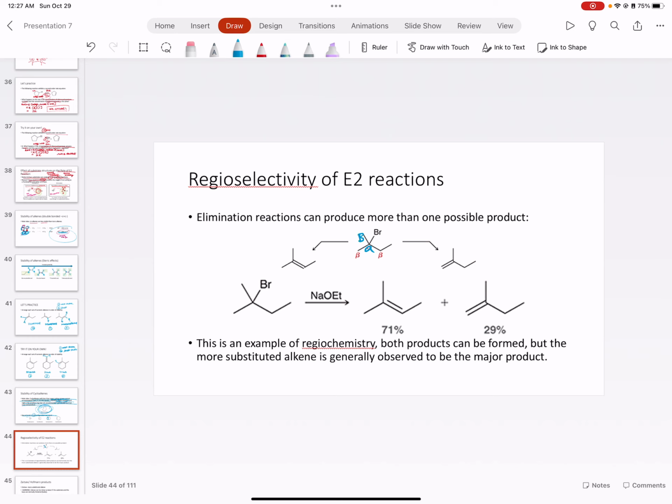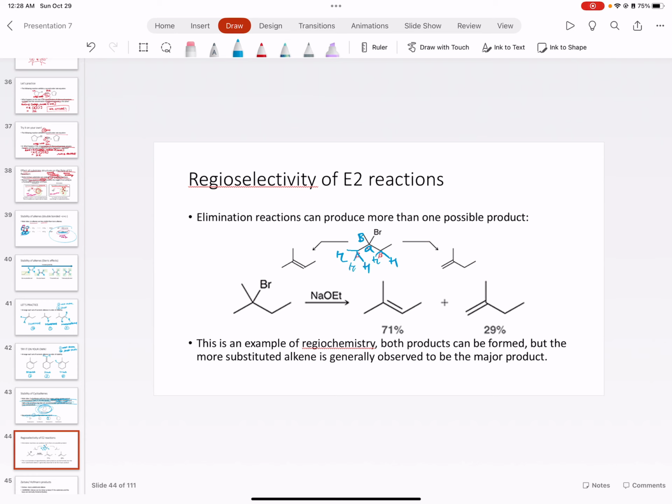So for example, let's see. I just wanted to add my hydrogens on my beta positions. So then you can look at this too.